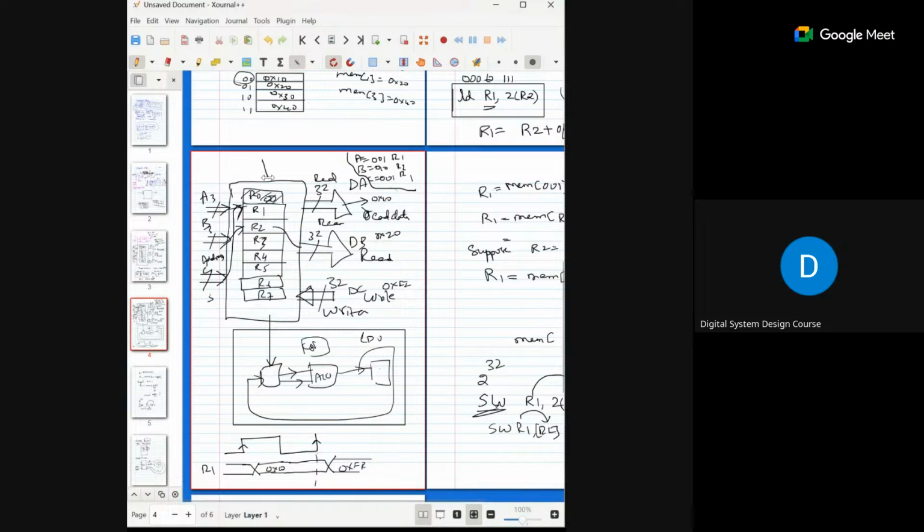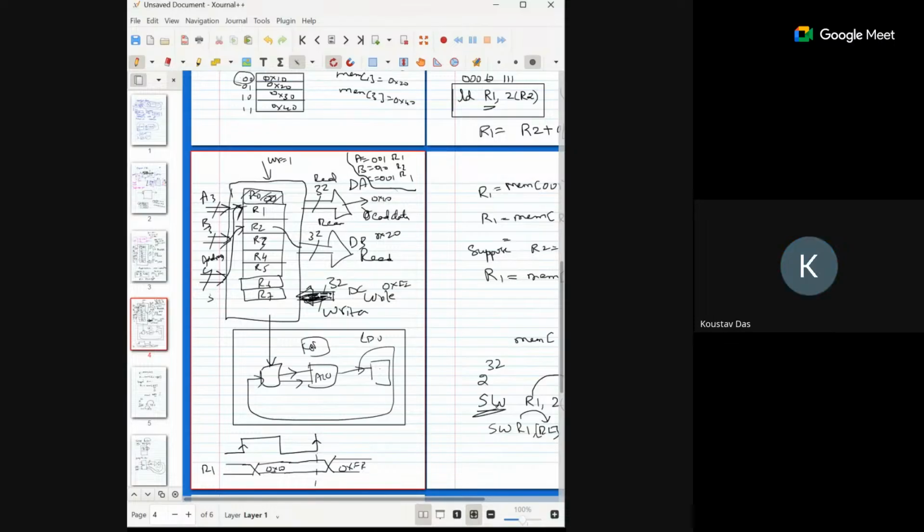Because I'm giving the control signal, the write signal, enabled. The read signal is already on by default, there is no requirement for that. If the write signal is enabled, then the write operation will be performed, because I have only one write port. It is happening concurrently because I have dedicated ports. I don't have a single port with a single data line and address line. I have separate address lines, separate data lines, separate read line one, separate read line two, and a separate write line.